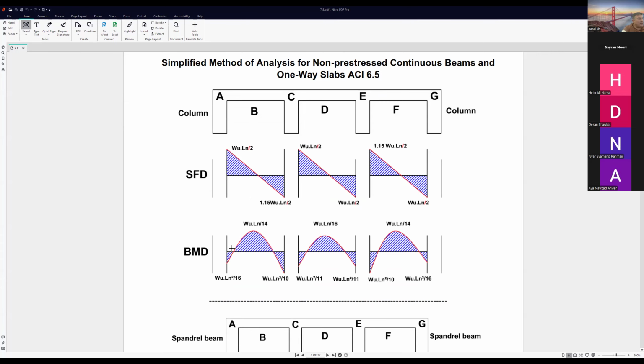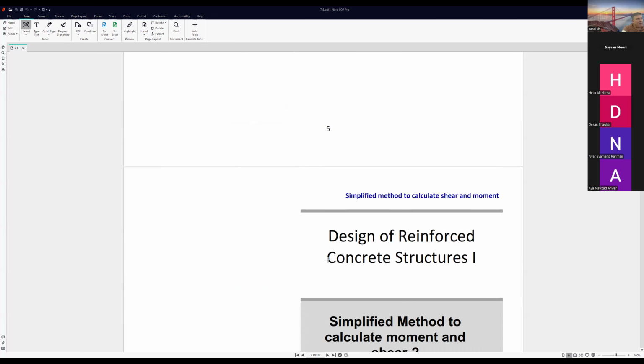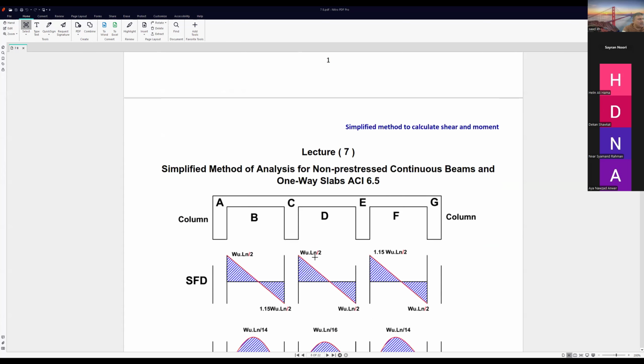What about the bending moment diagram? In the bending moment diagram, if we have column, it will be WL squared over 16 if we have 3 spans. Then we have WL squared over 14, this one.